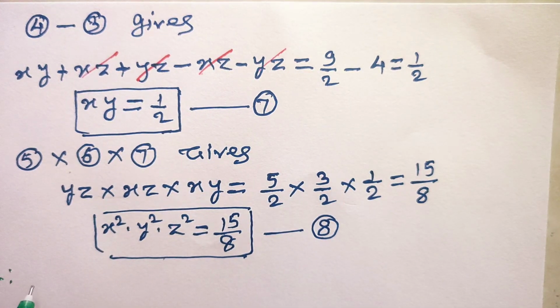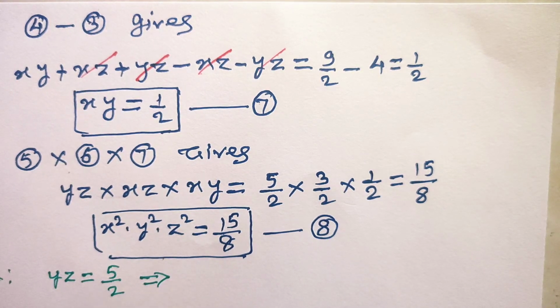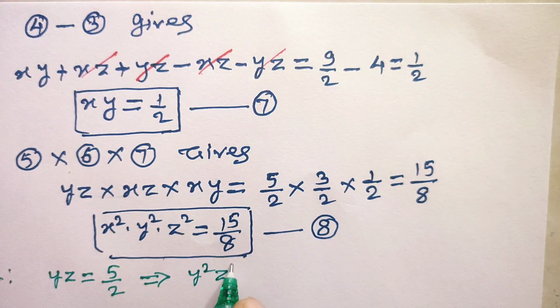Since equation number 5 is yz equal to 5/2, squaring both sides of this equation gives y²z² equal to 5 squared, 25, upon 2 squared, 4.